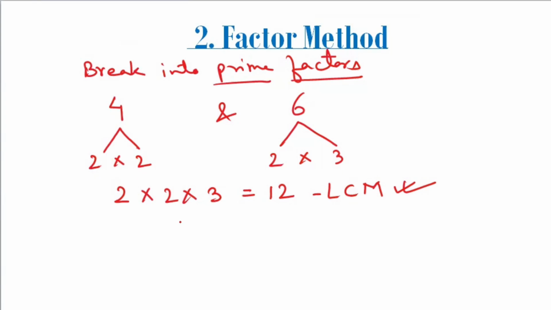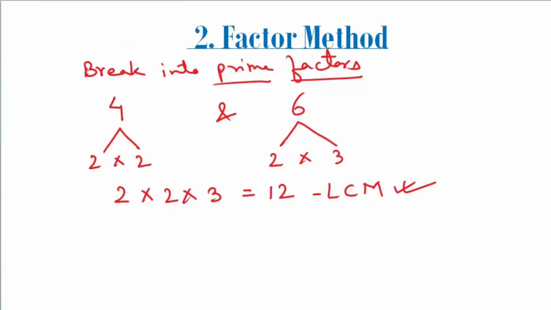Like here, 2 comes 2 times, but we take it only one time. Here 2 is one time and 3 is one time. That's why it is 2 times 2 times 3, that is 12. I hope both the methods are clear to you, the list of multiples and the prime factor.